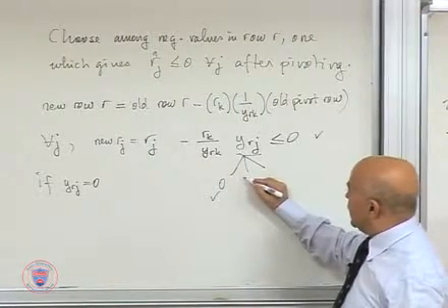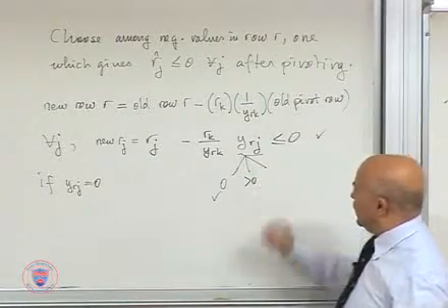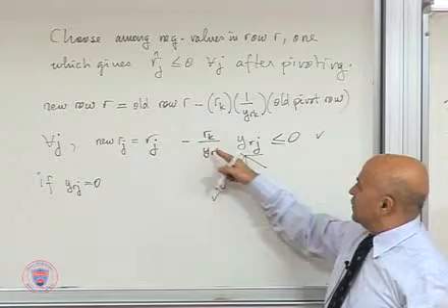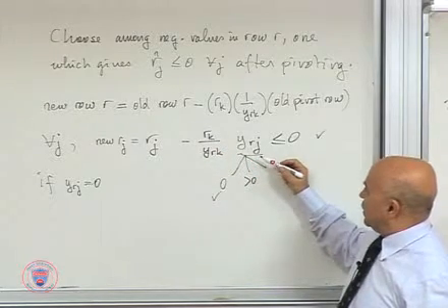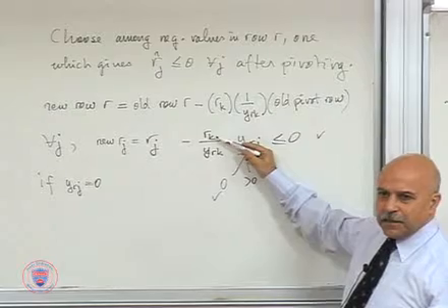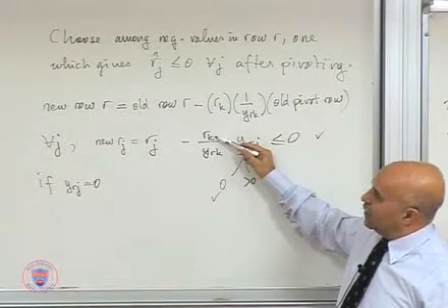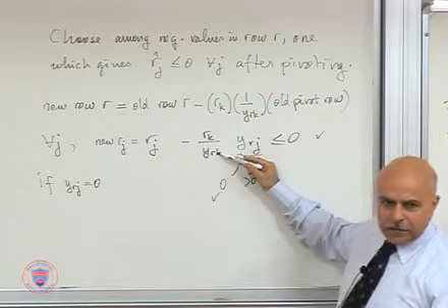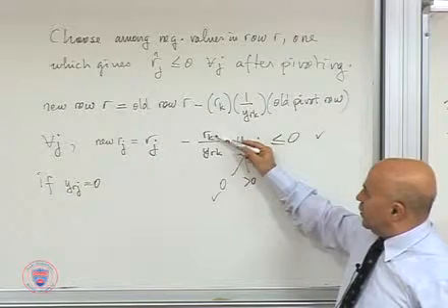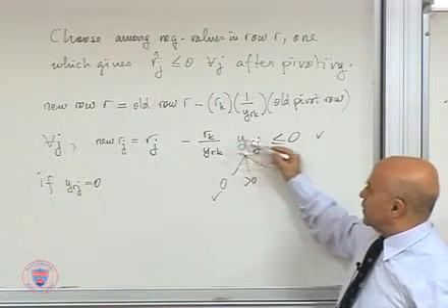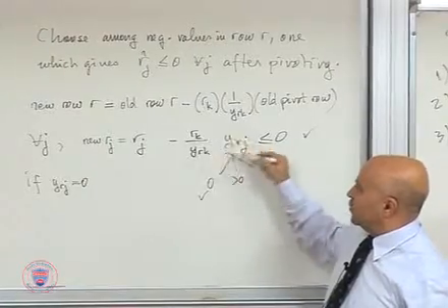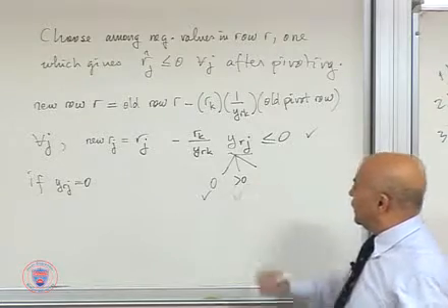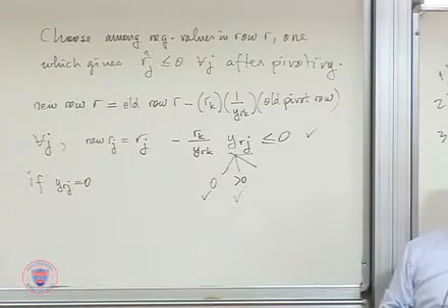If Yrj is greater than 0, then you're subtracting from the old value something positive, right? Why? Yrk is less than 0 because we picked a negative number. So negative divided by negative, that's positive. There's another positive here. So the whole thing is positive. So you're subtracting something positive from the old value, which means that you still maintain the inequality here.